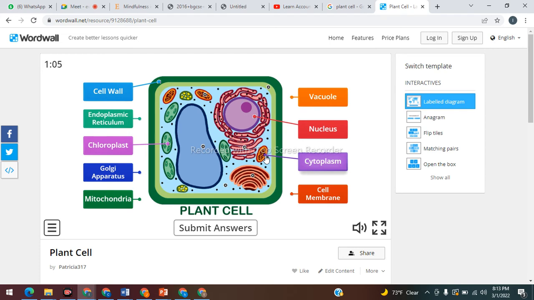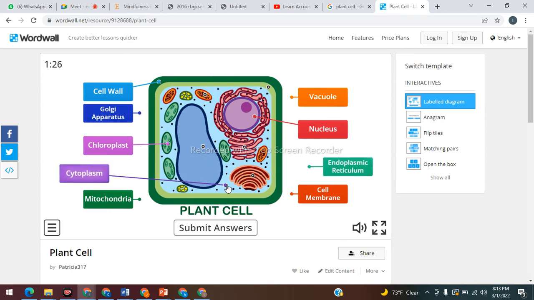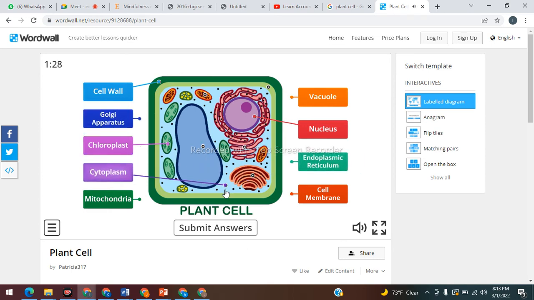Cytoplasm. And we said with the cytoplasm, that's the what? That is the jelly-like material. It's the resting place where everything else resides. So the cytoplasm is the jelly-like material where everything is residing. So it's going to be this, right? You understand that? Yes, sir. All the blue.